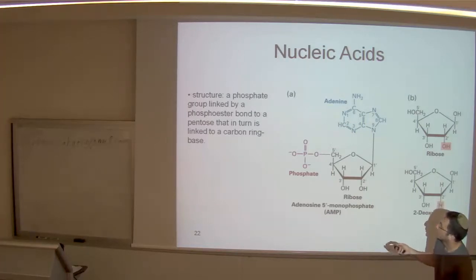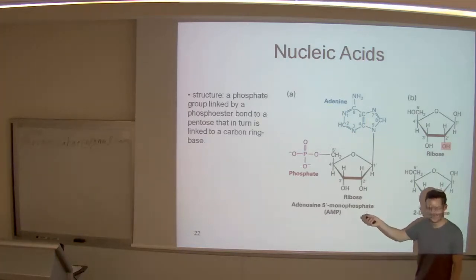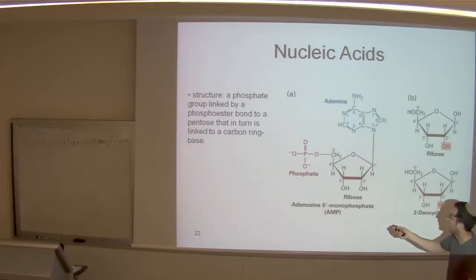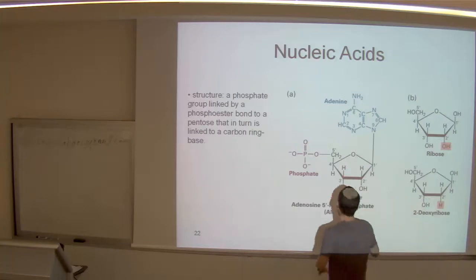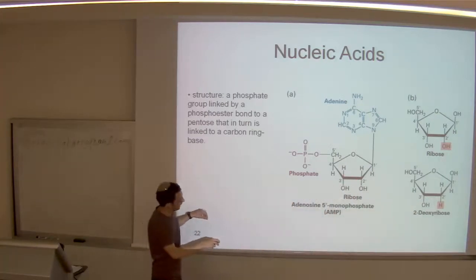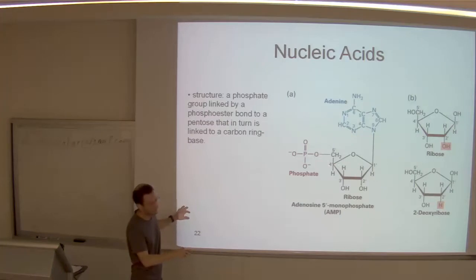So the global structure is a phosphate group, here in purple, attached via a phosphoester bond, which is a bond through an oxygen, an ester bond, to a pentose, or a ribose. A pentose because it has five carbons: pent means five, and the "-ose" is the suffix for a sugar molecule. So this is why we call it pentose.